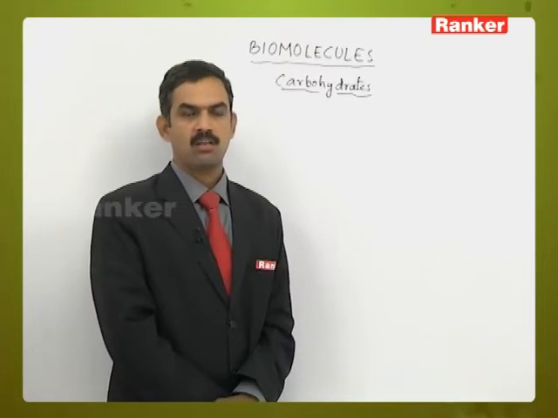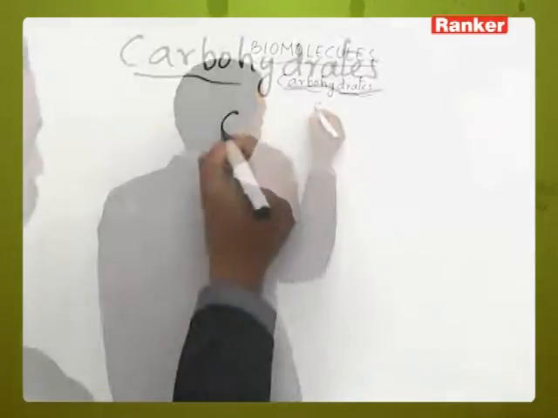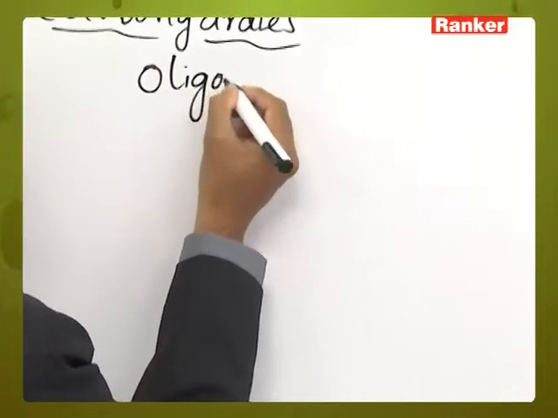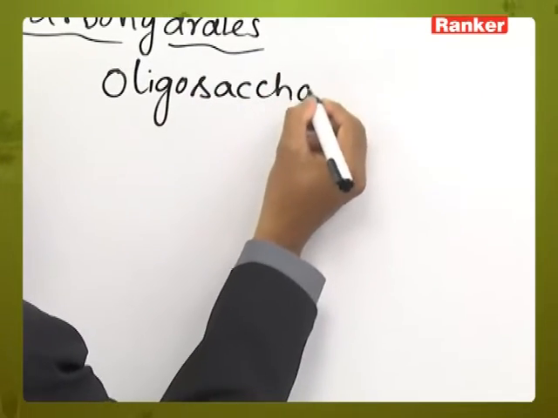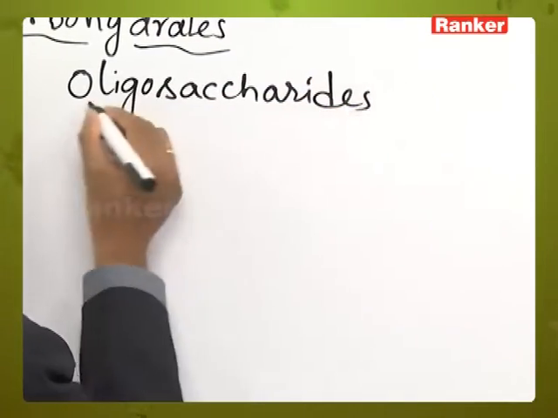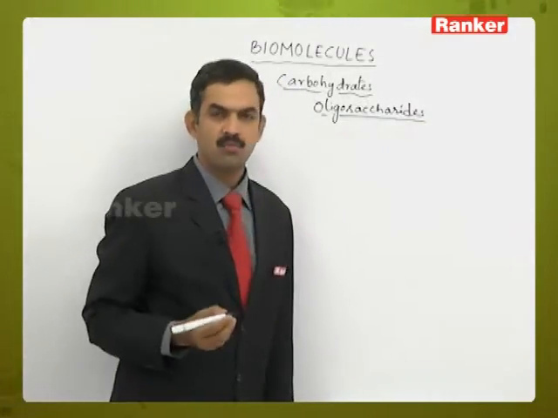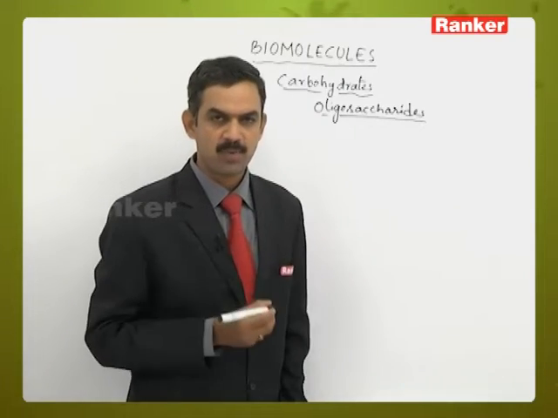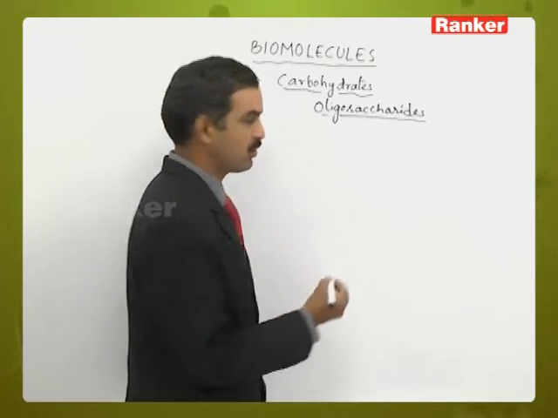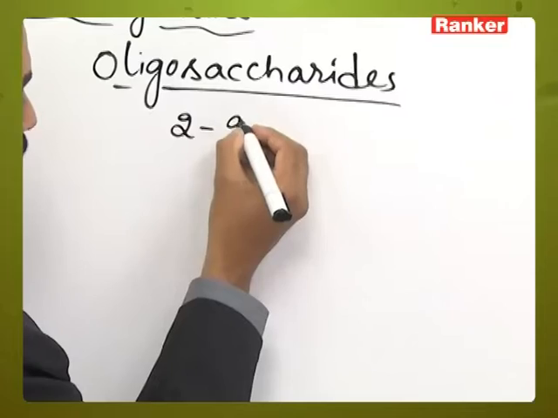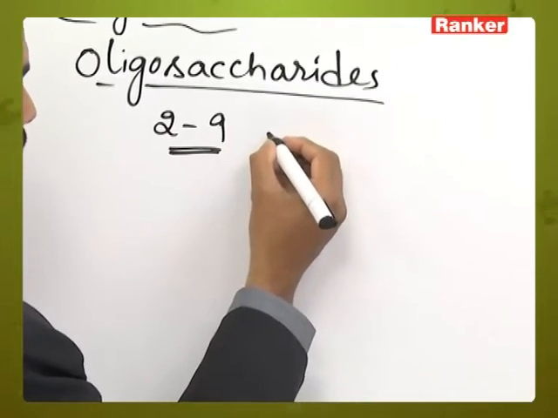In the small carbohydrates, next are the oligosaccharides. Oligosaccharides are a group of carbohydrates having a small chain of repeated sugar units, ranging from 2 to 9 monomer units.